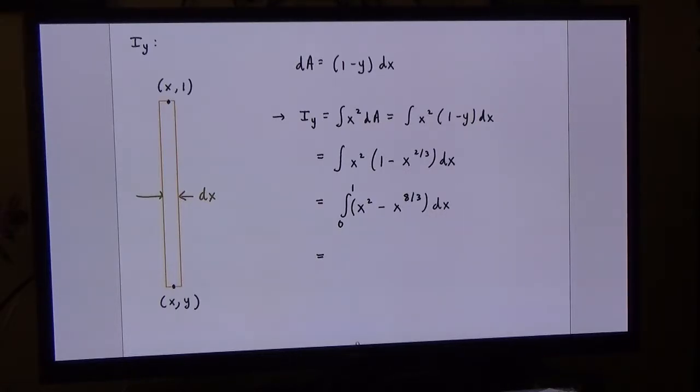Integrate x squared and I have x cubed over 3. Integrate x to the 8/3, I'm going to get 3/11 times x to the 11 over 3. Plug in my limits of 0 and 1. And this ends up being 0.061 meters to the 4th.